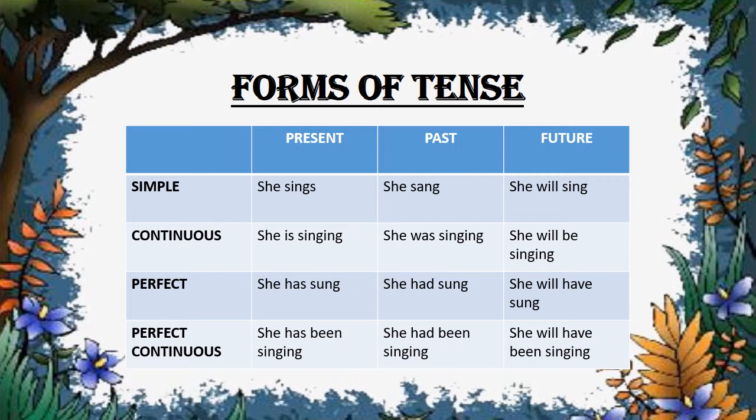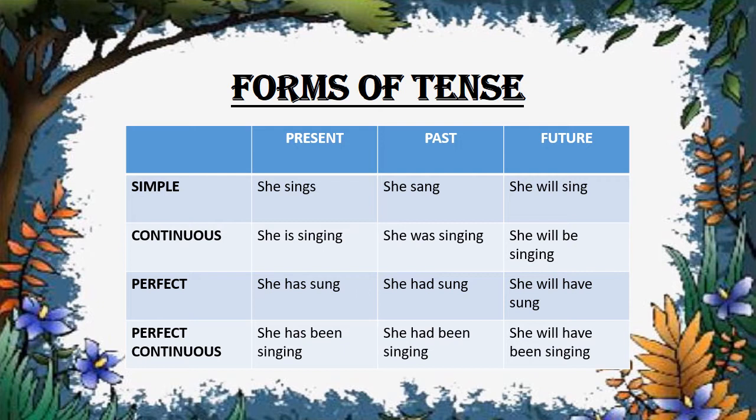Now present continuous refers to the action that is continuing in the present. Listen, dear children, in the three forms you can see the verbs ending with ing. The base verb will always end with ing in continuous form. If ing is present, then that is continuous form.